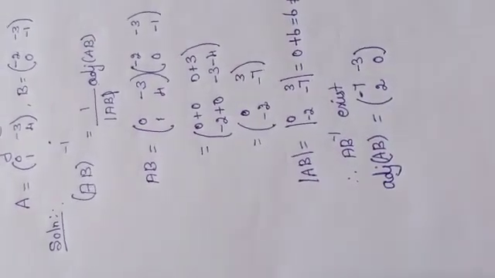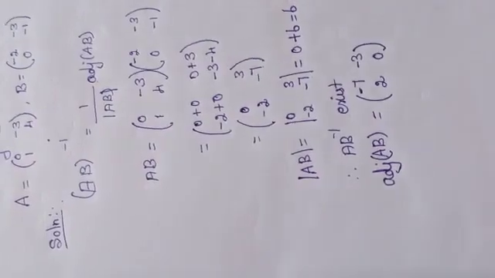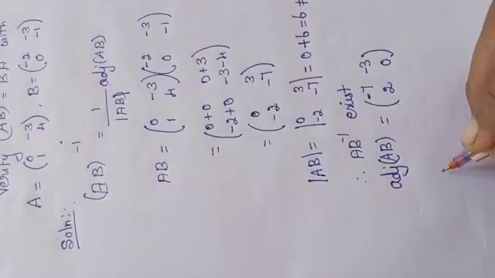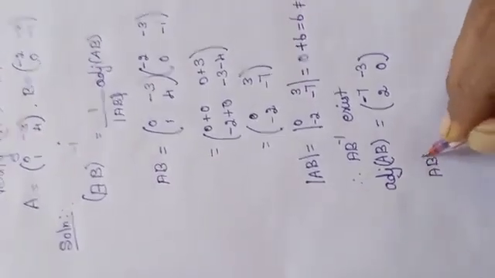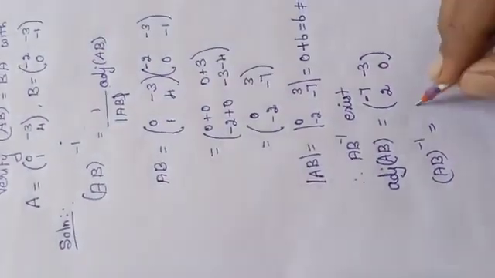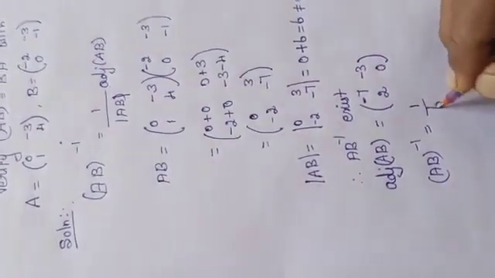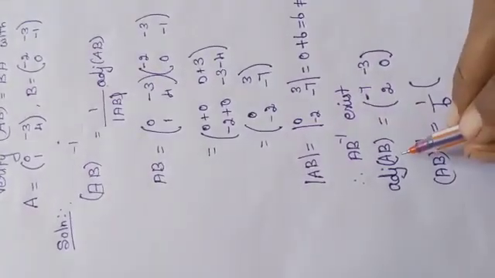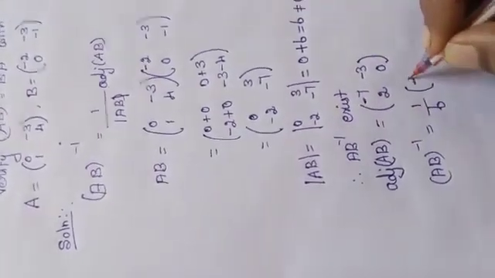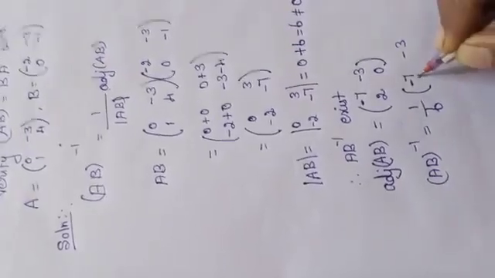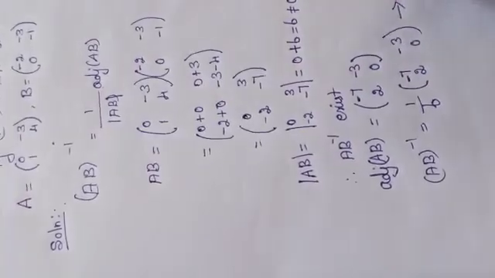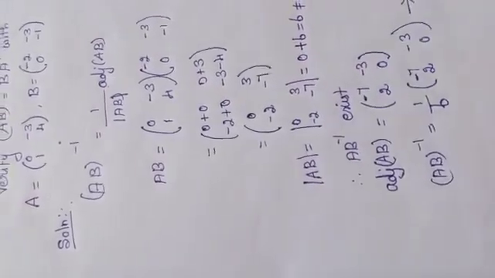We have to substitute in the formula. What is AB inverse? Okay, shall we write it? AB inverse is equal to 1 by determinant AB, that's 1 by 6, into adj AB. What we have got? Adj AB is minus 7, minus 3, 2, 0. So now this we can keep as equation number 1.